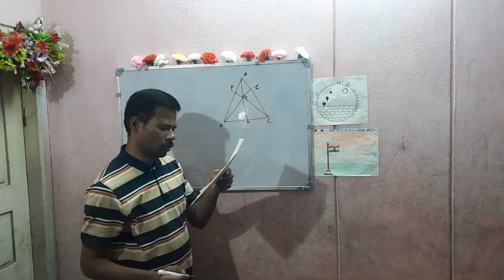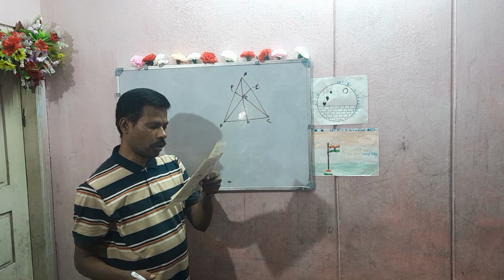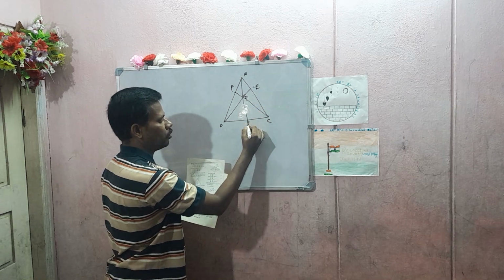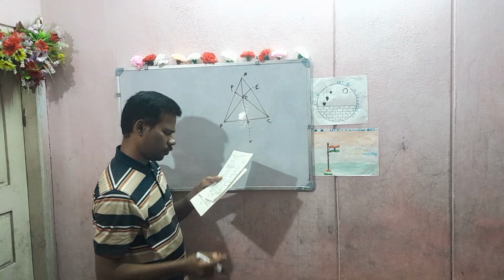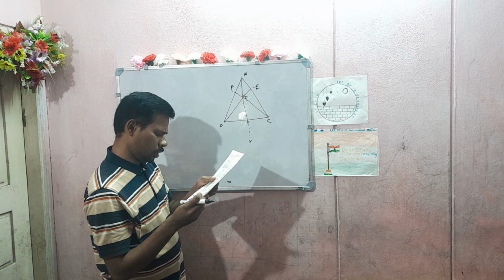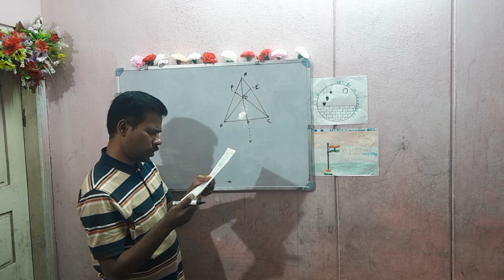AD is produced to X so that D is the midpoint of OX.